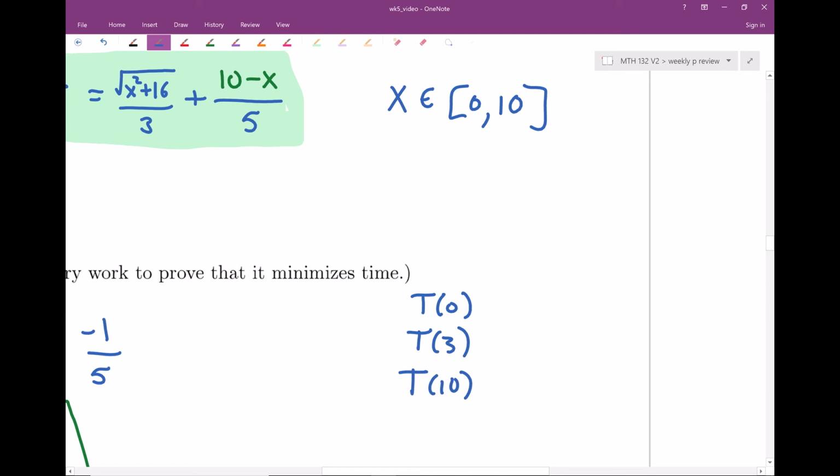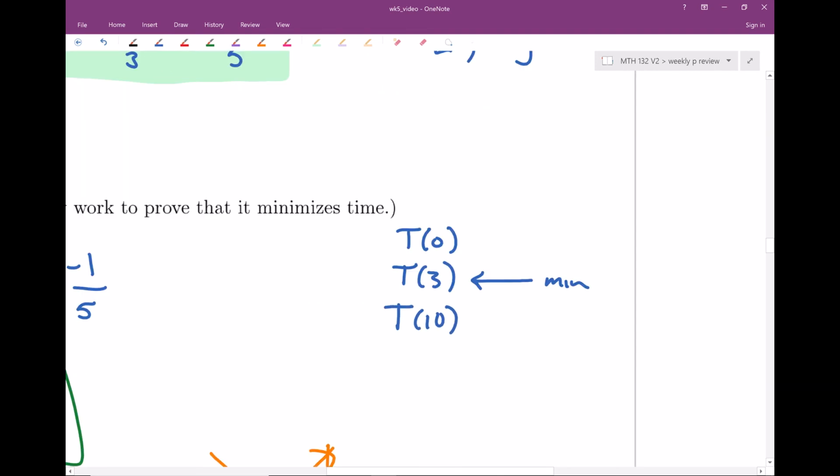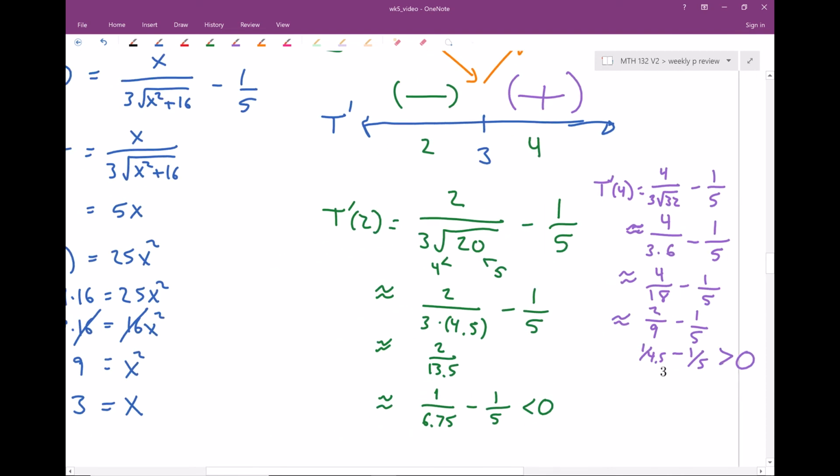And whichever one of those is the smallest, that's going to be your absolute minimum. And in this case, we'd be able to see that t of 3 would be the absolute minimum. So either way, because you have the closed interval method, this one also works, but in general, the number line kind of works more often.